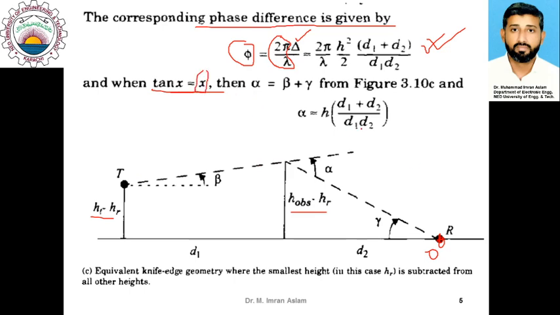In that case we can approximate alpha to be equal to the sum of beta and gamma. You can directly see from this geometry that beta plus gamma would be equal to alpha, and this alpha can be calculated from this triangular geometry. If you calculate this, you would see that alpha can be approximated as h(d1 plus d2) upon d1 d2.